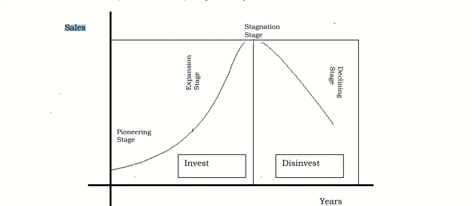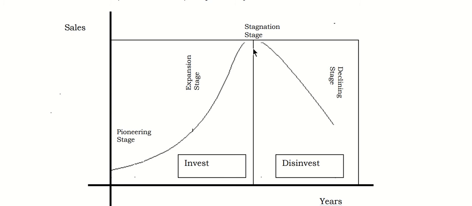So if you see the stagnation stage, here the sale is at its peak, the highest sale. So this is the maturity time, right? And in very few cases, if the industry has really worked very hard on itself and has launched a new technology, then maybe after stagnation they can grow again.